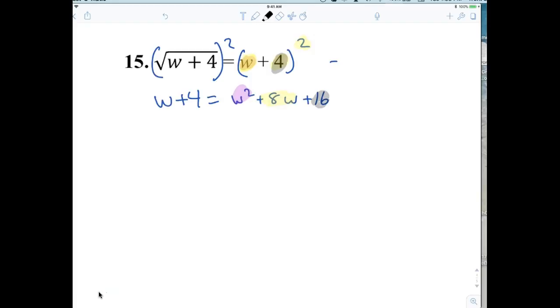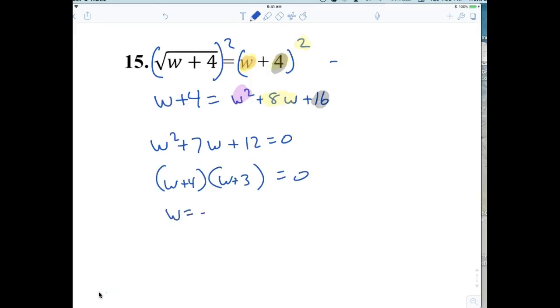Now it's a quadratic, so I've got to set it equal to 0. So here we go. W squared plus 7W plus 12 equals 0. Anybody have any questions or concerns about that? Now we're factoring two sets of parentheses. So W plus 4, W plus 3.